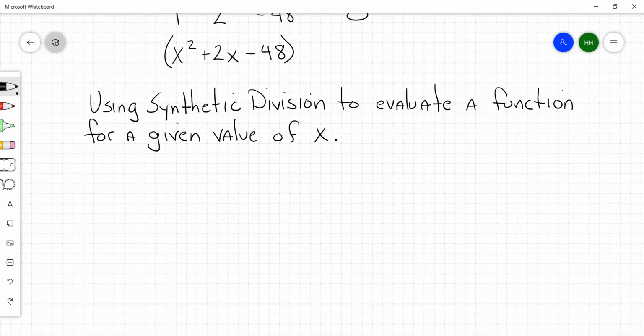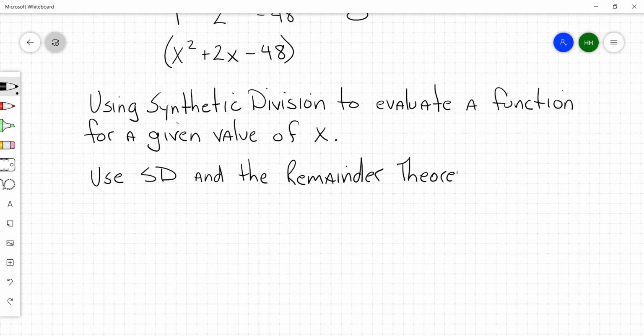Okay, so here's what your directions will look like today. It'll say use, and we'll call it synthetic division, and the remainder theorem to find P of a.